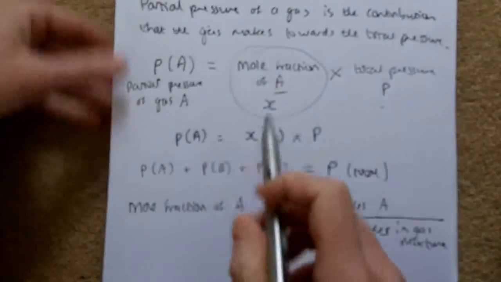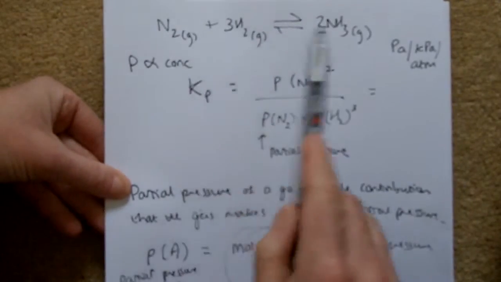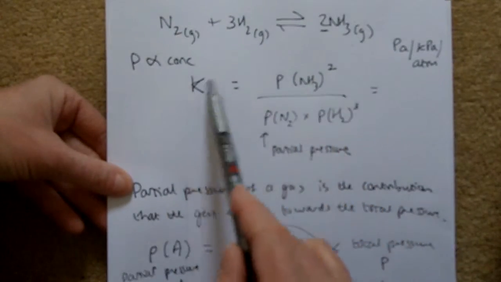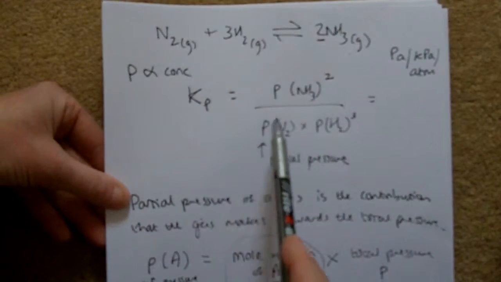This is only used when everything is a gas in the equilibrium, so you work out Kp rather than Kc.